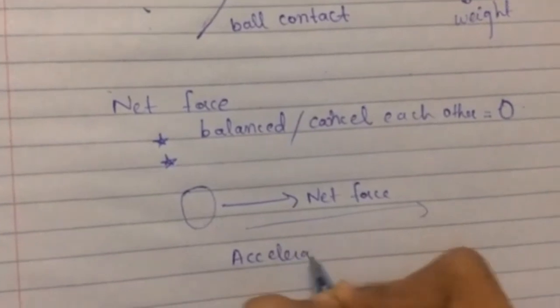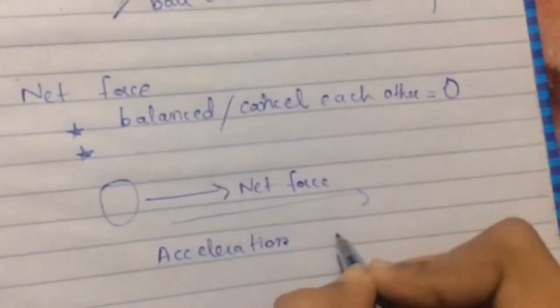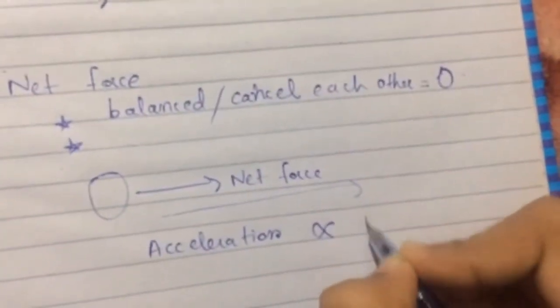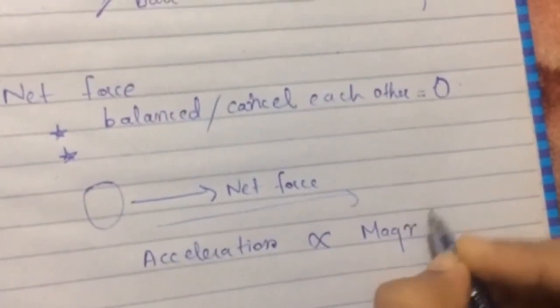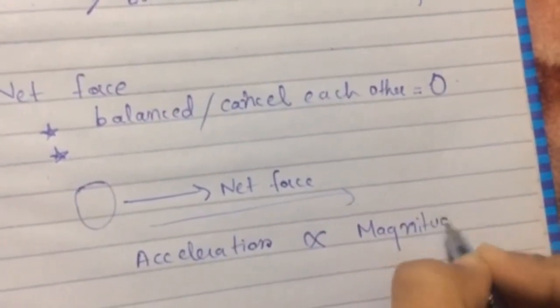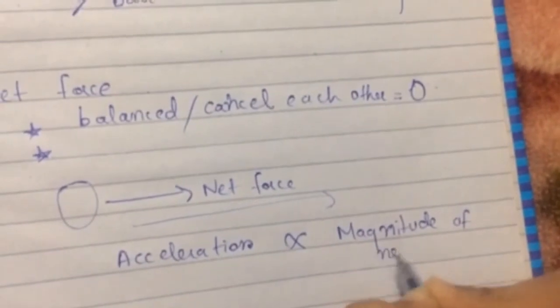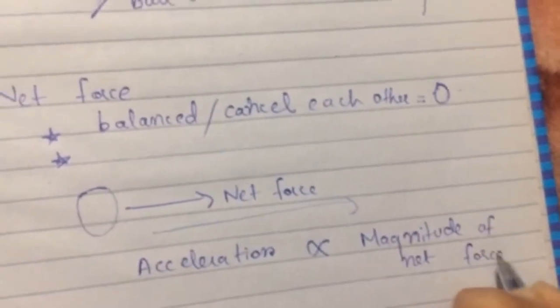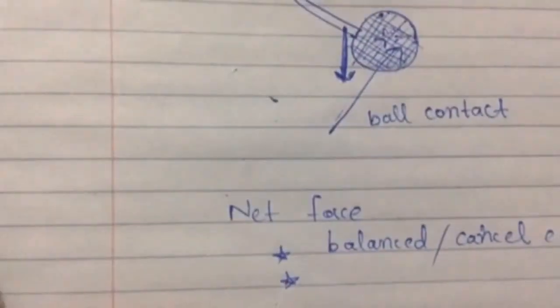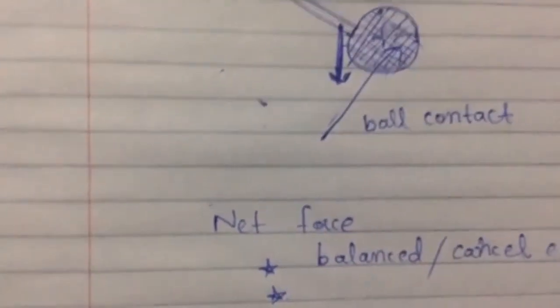Acceleration is directly proportional to the magnitude of the net force, which is basically the cause of the movement, and the body moves in the direction of the net force. So this is all about force. Next we are going to discuss other topics.